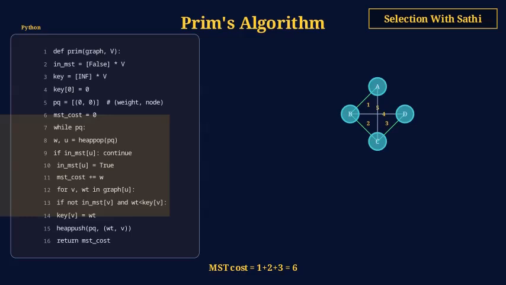Lines 11 and 12, mark the vertex visited and add the edge weight to the total. Lines 13 through 15, push all edges from this vertex to unvisited neighbors into the heap. Time is O of E log V with a binary heap. Prim's is better than Kruskal's for dense graphs.